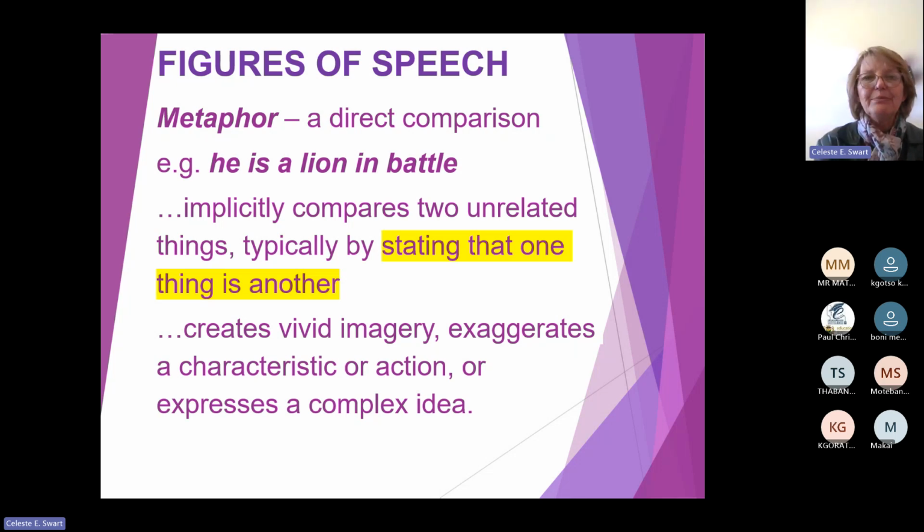We're creating these images. That's wonderful what you can do with words. We're exaggerating a characteristic or action or expressing a complex idea. So remember this. Here we're using a comparison. We're comparing someone or something with the other, and we are making sure there's a comparison.